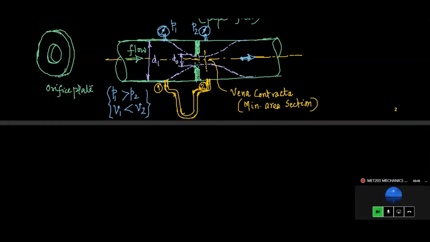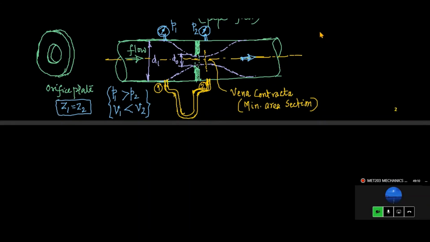And since it is a horizontal pipe, we don't have to consider the datum level difference. Z1 is equal to Z2, so we need not bother about that here. Right, like this. So you must have understood.